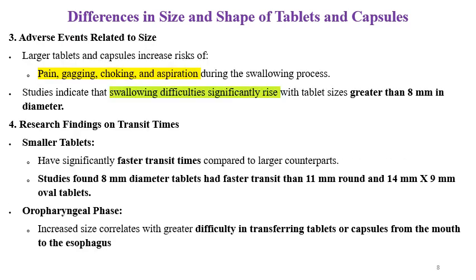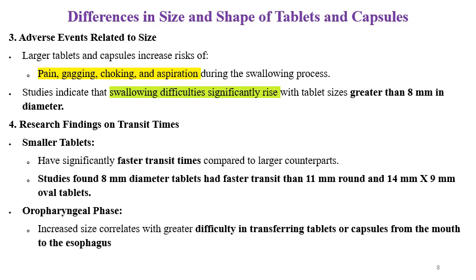Adverse events related to size: if the size of the capsule or tablet is much larger, then it will have a risk of pain, choking, aspiration. Studies have indicated that swallowing difficulties significantly rise with tablet size greater than 8 mm in diameter. So always understand that if the tablet size is higher than 8 mm, it will have more problems in swallowing.